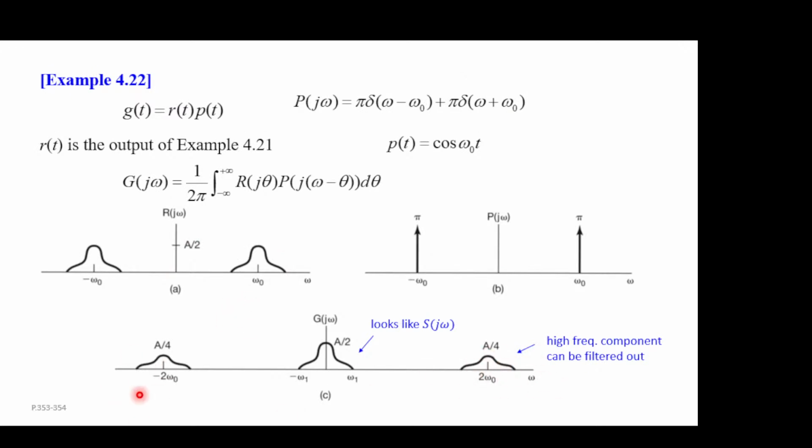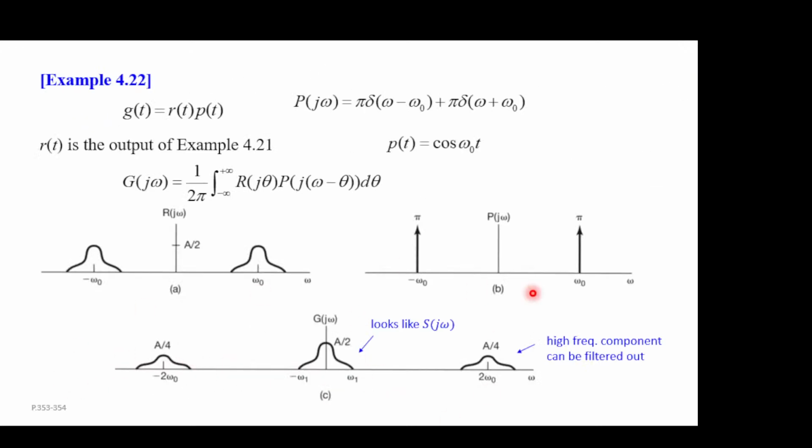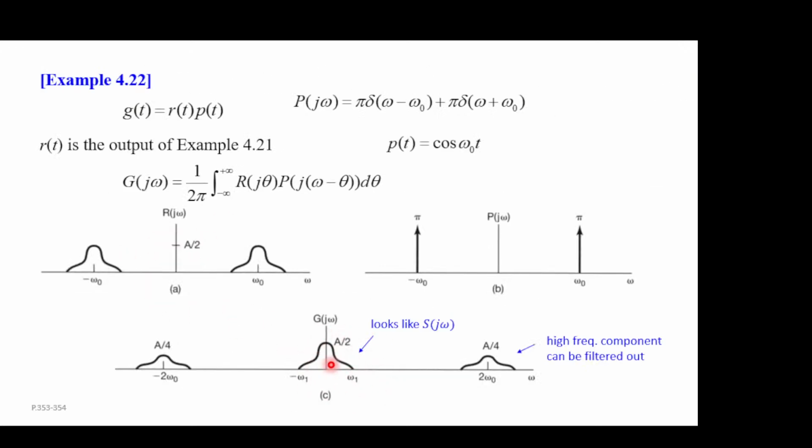So the 2 omega naught and minus 2 omega naught parts have height 1/4, and the middle part has height 1/2. You will lose some signal strength, but you can amplify it. Anyway, in the middle part you get back your signal. It has the same shape as the signal you started with, although it might lose some amplitude.